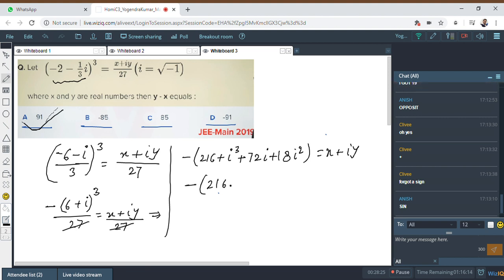So 216 minus i plus 72i minus 81, sorry, 18, is equal to x plus iy.